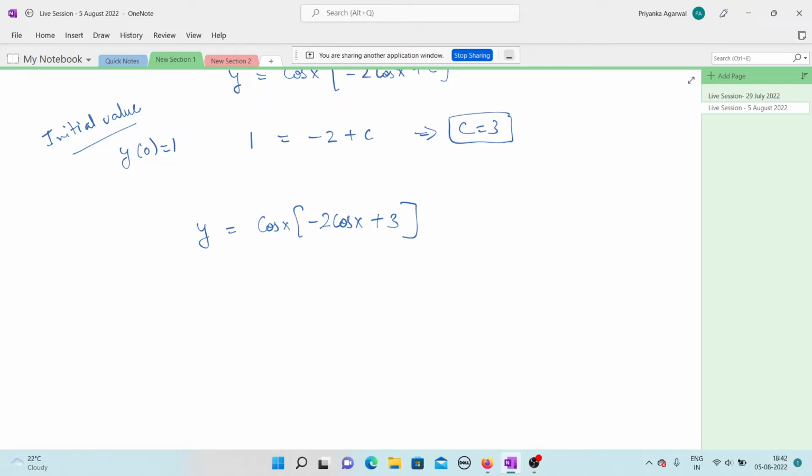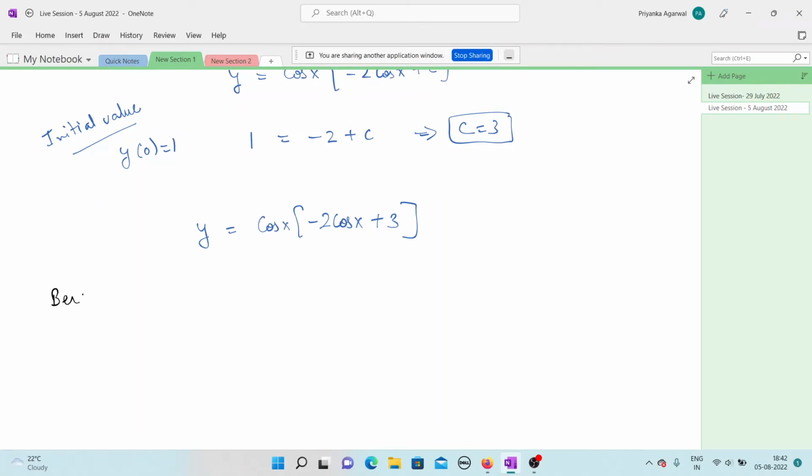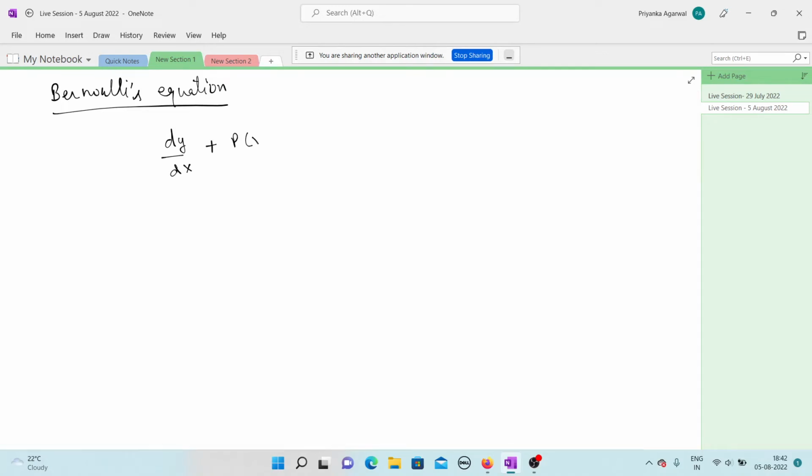The other thing which was taught in the lecture was when the given equation is not linear and we reduce it to the linear equation form. So one example which was given in the lectures was the Bernoulli equations. Right? Now let's say an equation is given in the form dy by dx plus p(x) y equals q(x) y to the power alpha, where alpha belongs to the real domain.